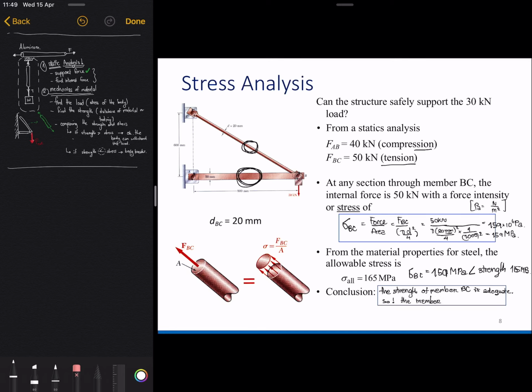The member can withstand the load of 30 kilonewtons. Okay.